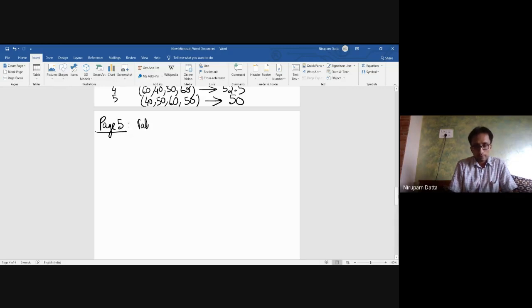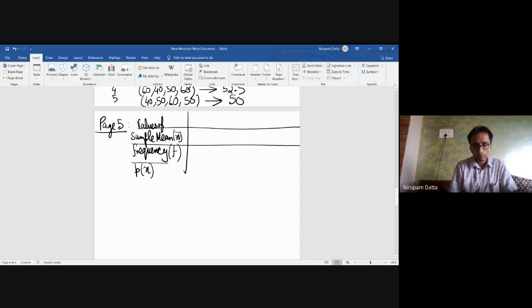So values of sample mean, X bar. Then what is the frequency, f? Then what is the probability, the relative frequency? So the values of the sample mean are 50, 52.5, 55.